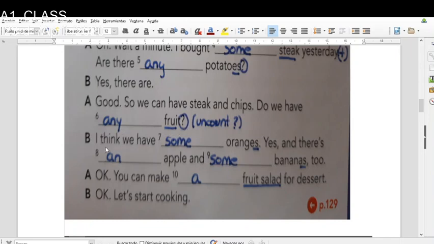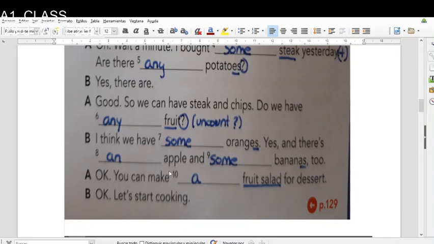Well, I think we have oranges. Affirmative and plural, some. I think we have some oranges. Yes, and there's singular, but it starts with a vowel. Then, yes, there's an apple.